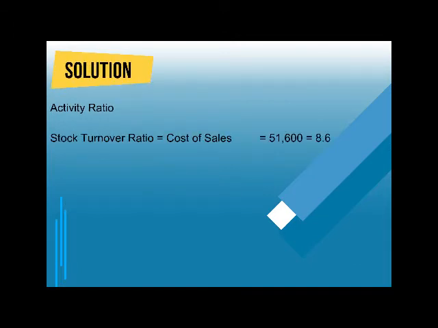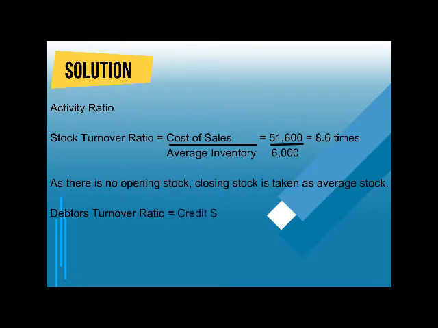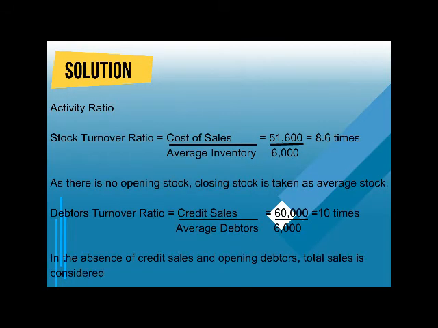Activity ratio. Stock turnover equals cost of sales divided by average inventories, equals 51,600 divided by 6,000, equals 8.6 times.